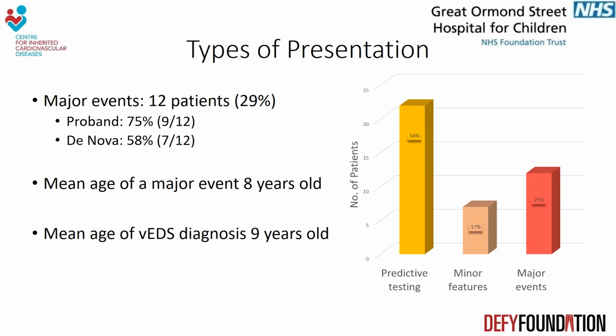Majority of our patients were diagnosed following predictive genetic testing. 29% were diagnosed following a major event, at the mean age of presentation of 8 years, and they were diagnosed with vascular EDS a year later.